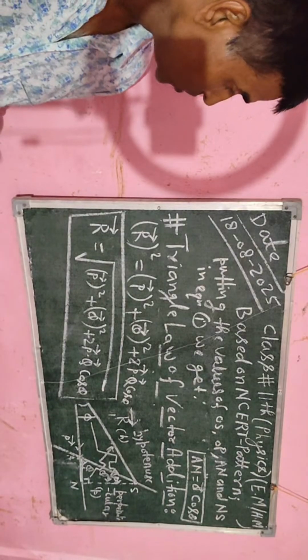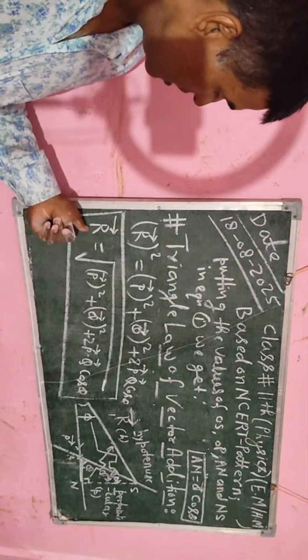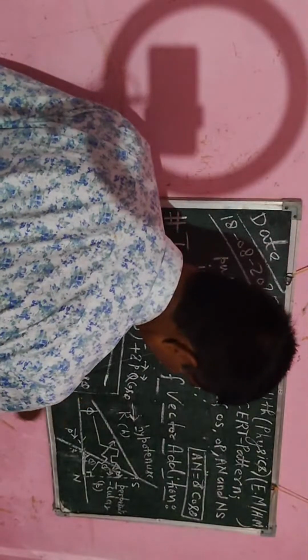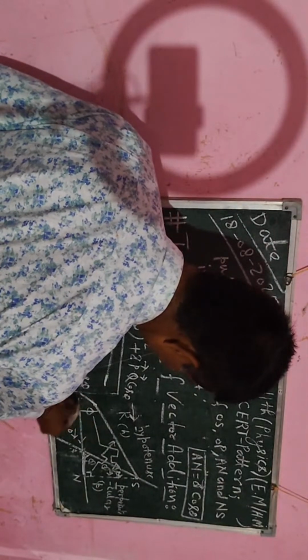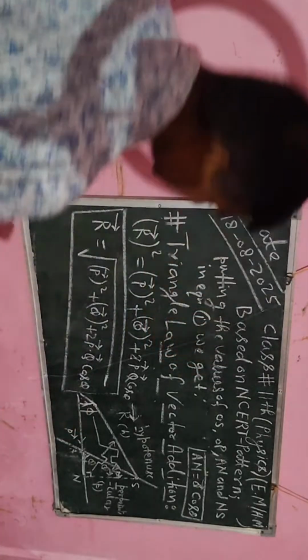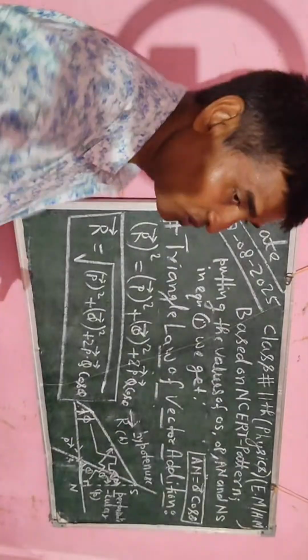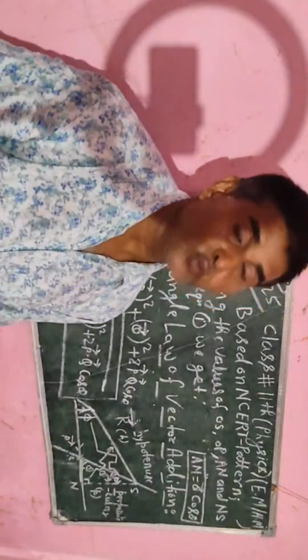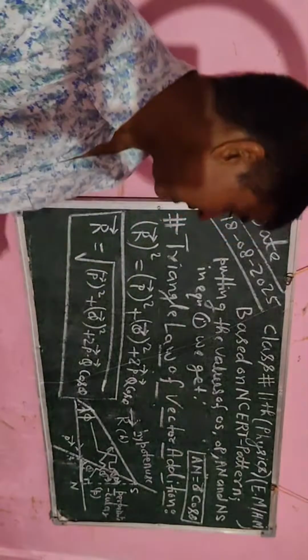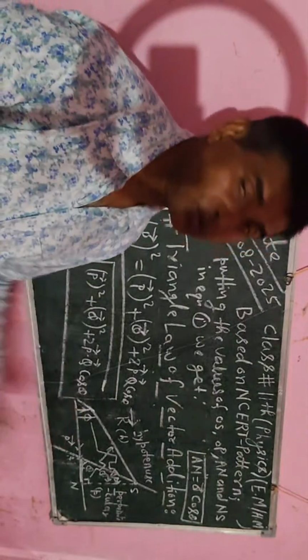Okay, so this resultant vector r I have got. Now I also have to find the value of this angle, this phi. Each and every student knows this is the slope, and slope is written as theta which is equal to tan inverse m. In other words, m is equal to tan theta.